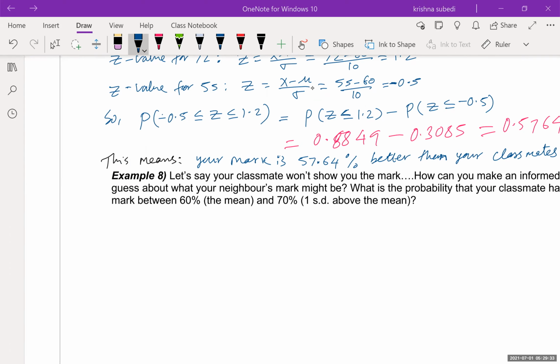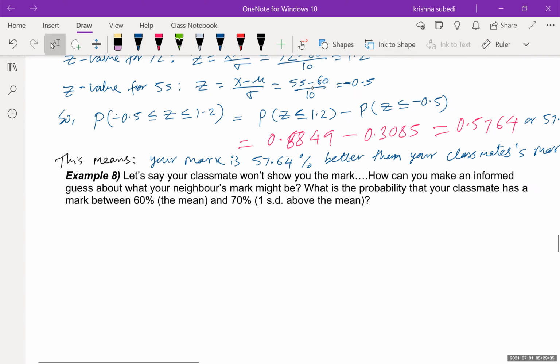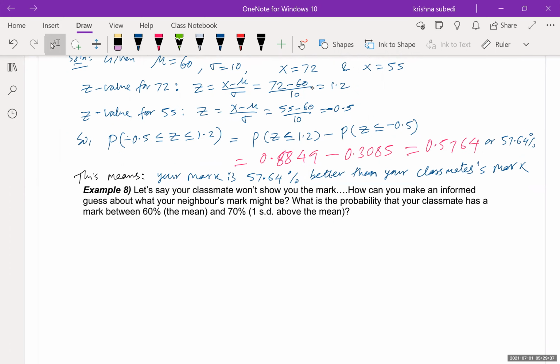Example 8. Let's say your classmate won't show you the mark, because sometimes people hesitate to show their mark to other people.